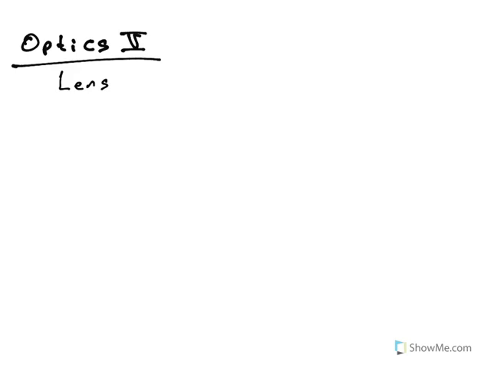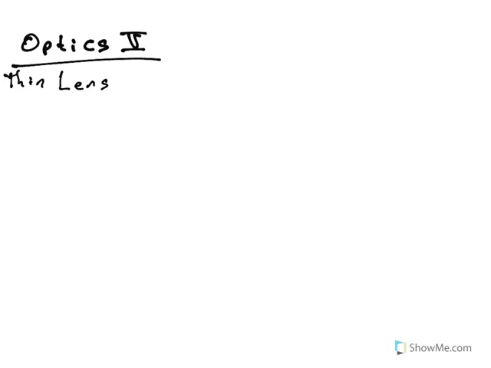Now, the first thing we need to know is the types of lenses we're going to work with are what's called thin lenses. So that means things where the thickness of the lens is fairly small relative to the size. The reason we make this distinction is because the lens of your reading glasses is fairly thin, but something like a crystal ball acts as a lens, and a crystal ball is a very, very thick piece of glass.